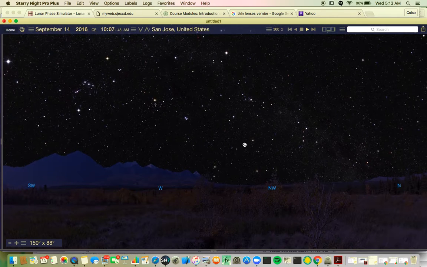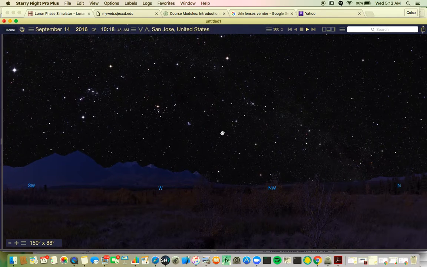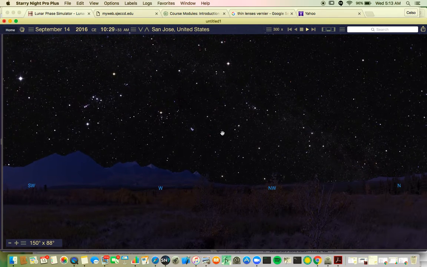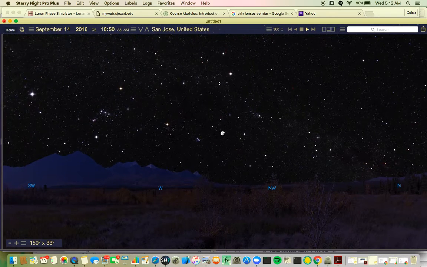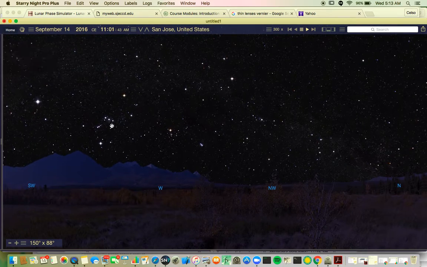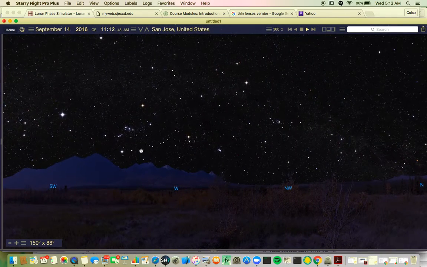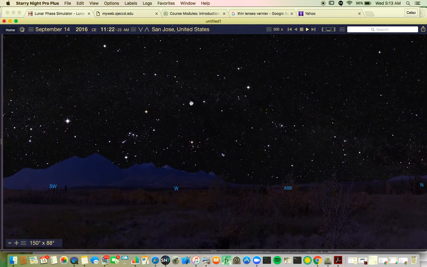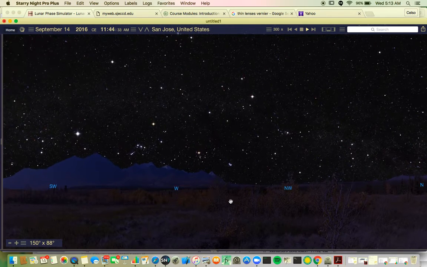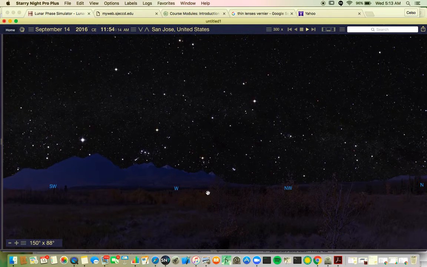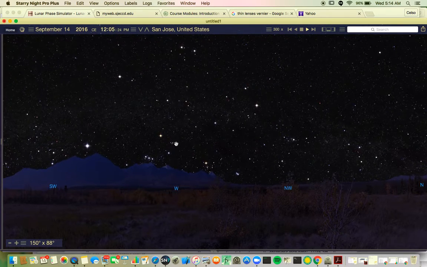Here and there you see some dots moving in an erratic way. They are satellites, right? Artificial, handmade satellites. And Orion is setting. Setting always occurs when objects go from above the horizon to below the horizon, and in the northern hemisphere you see this happening in the western sky.